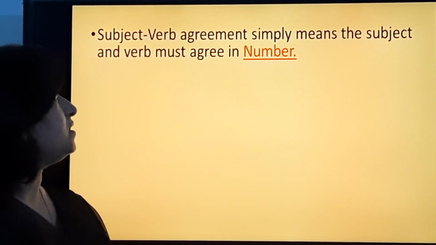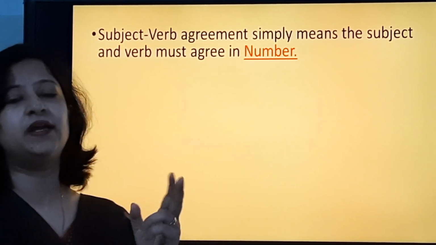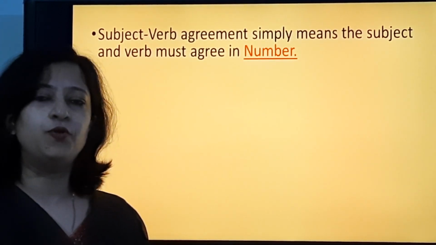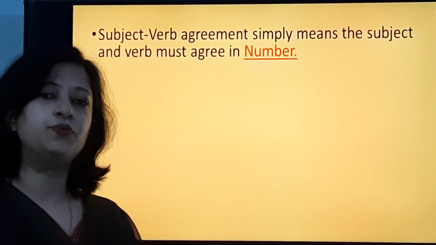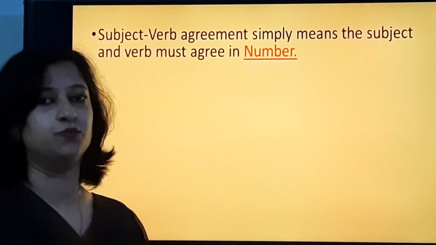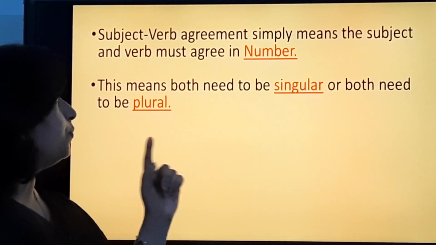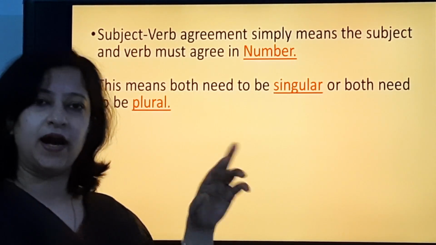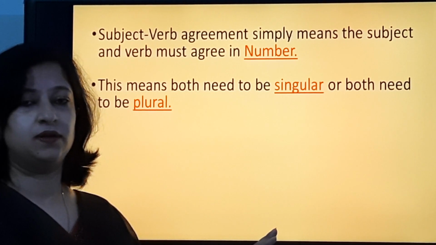Subject verb agreement simply means the subject and verb must agree in number. Children, I hope you know about the number of the subject. So, according to the number of the subject in a sentence, the verb should be used. This means both need to be singular, or both need to be plural.